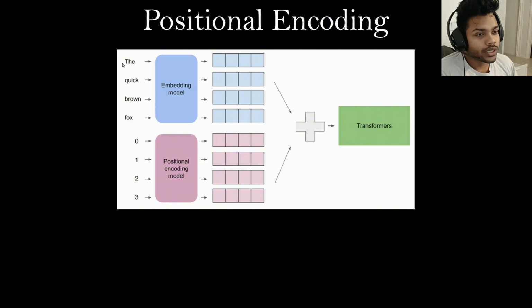It doesn't know that "the" came first, then "quick", then "brown", then "fox". If you give it "fox the brown quick", it would give a similar result. So that's why we need to give some information to the model that this is the first word, this is the second, third, fourth, and so on. For that we need positional encoding. So how do we give the transformer that knowledge?